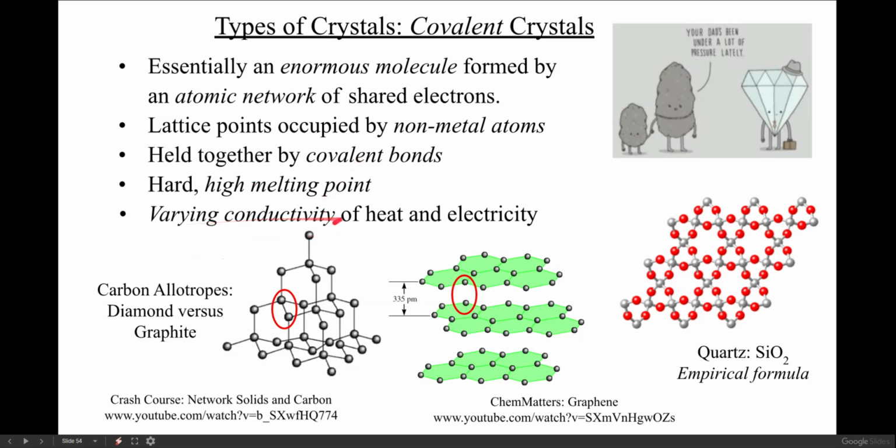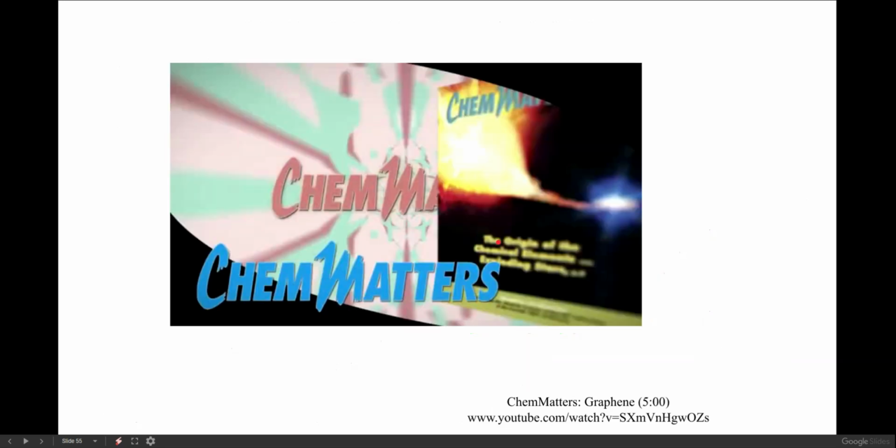They also have varying conductivity. It depends on a lot of different things. Quartz is not super conductive, but diamonds are great thermal conductors. Graphite is a pretty decent electrical conductor. So it just kind of varies.